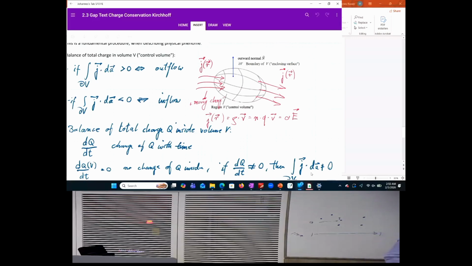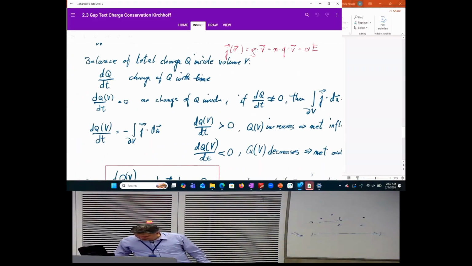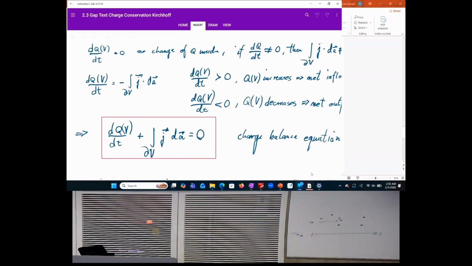So this change of charge over time, you obtain by equating it to that influx or outflux of the current density through that surface. And so you have a charge balance equation which always holds true.